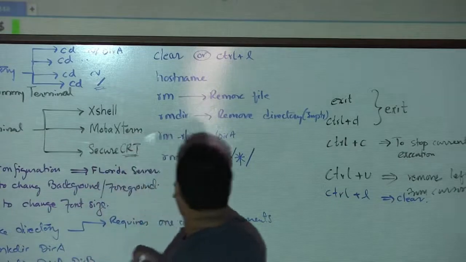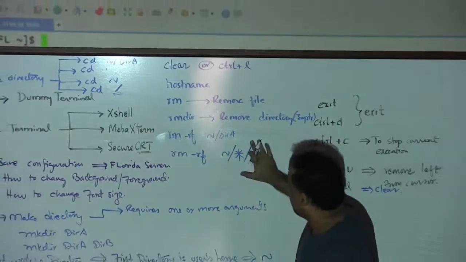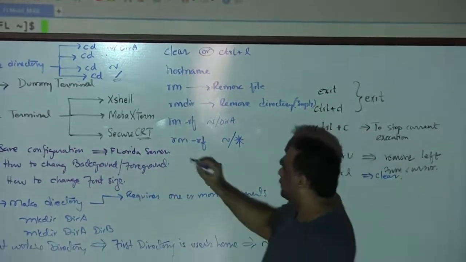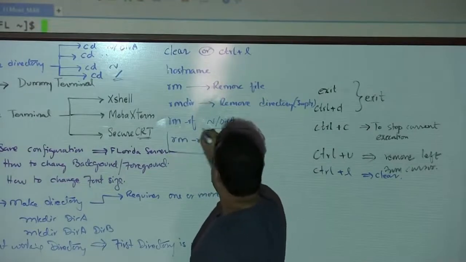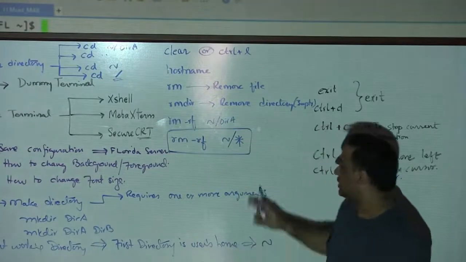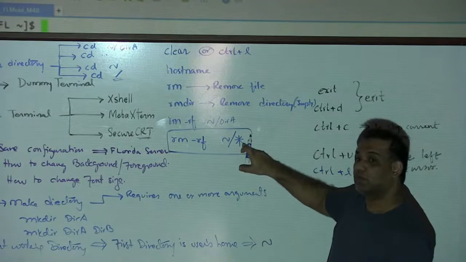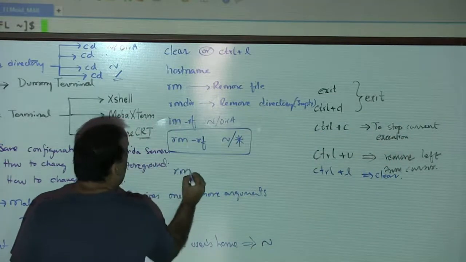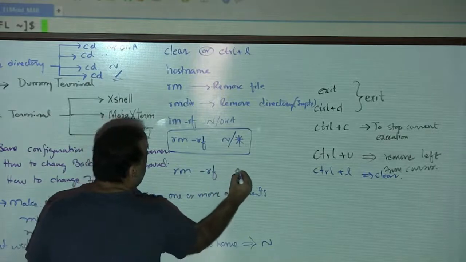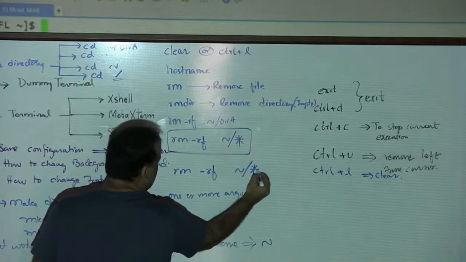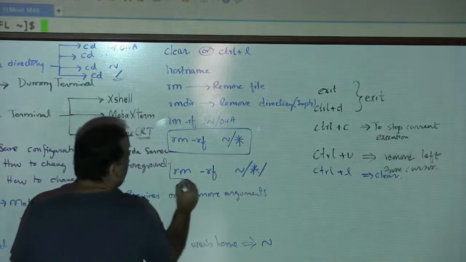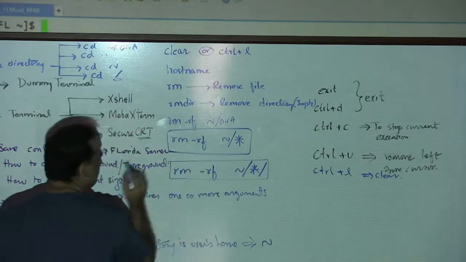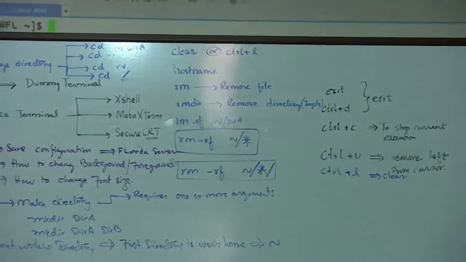The reason was they did this. If you do this, it will remove a bunch of other things also, not just the directories but the files as well. So to remove the directories only, you type rm -rf, everything that ends with the /. That means all the directories that end with the /.